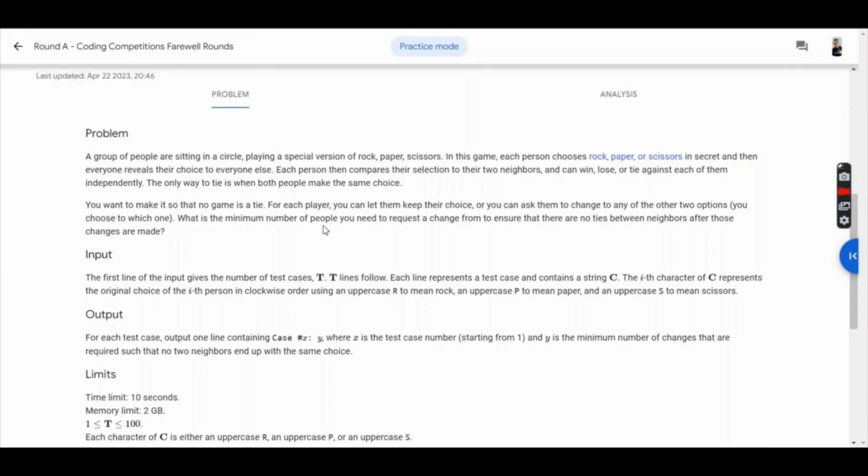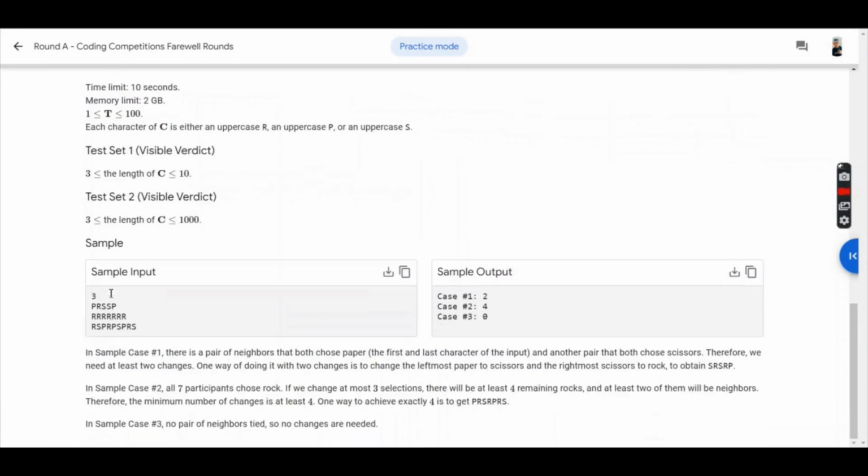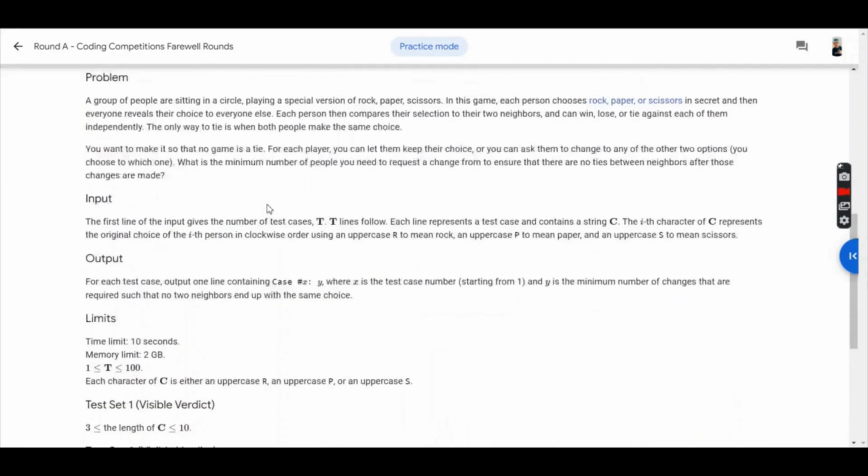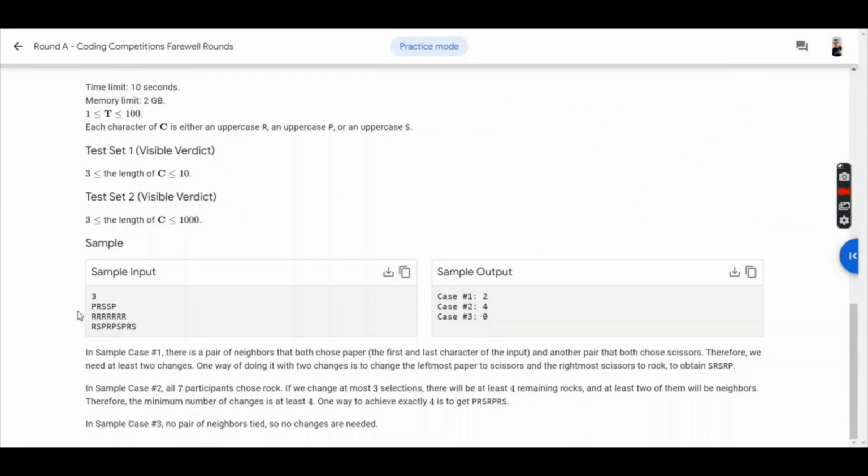These people are playing rock paper scissors, and they have shown their choices to each other. Let's take this example. The first person has paper, and the next people have rock, scissors, and paper. The alternate people are going to compete, and you need to make sure that no competition ends up in a tie, and find the minimum number of changes you need to make in this sequence.